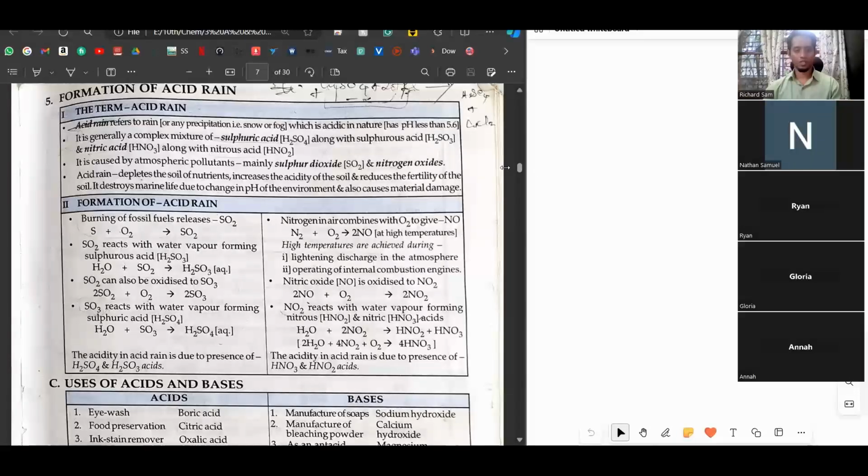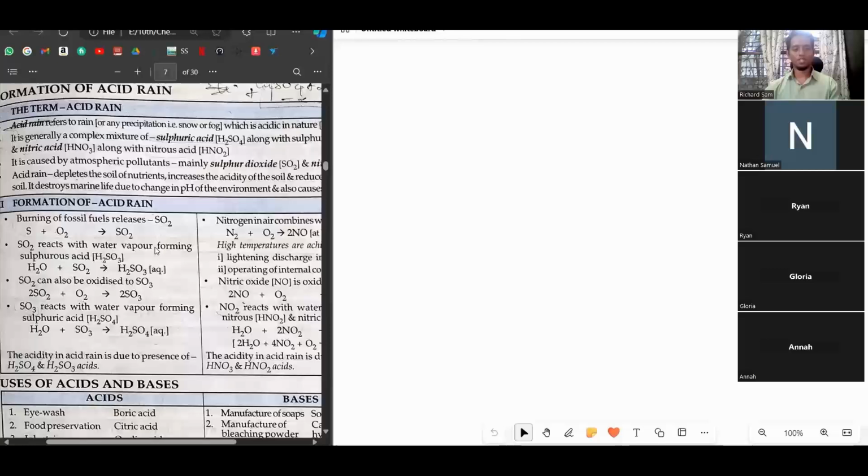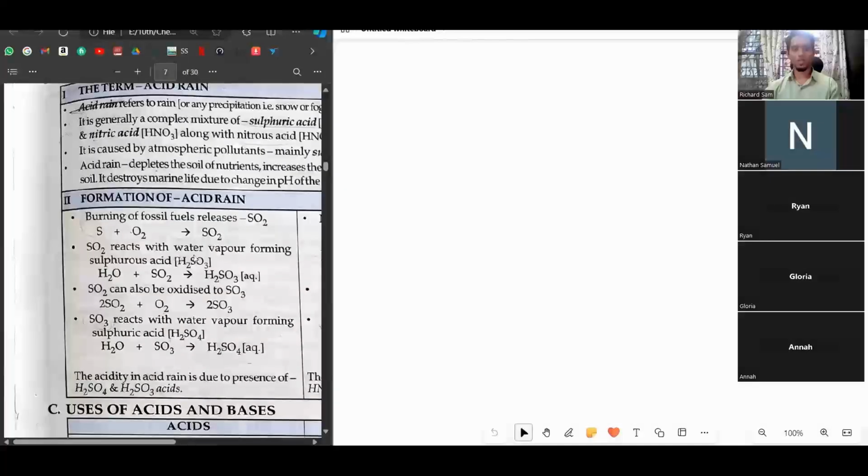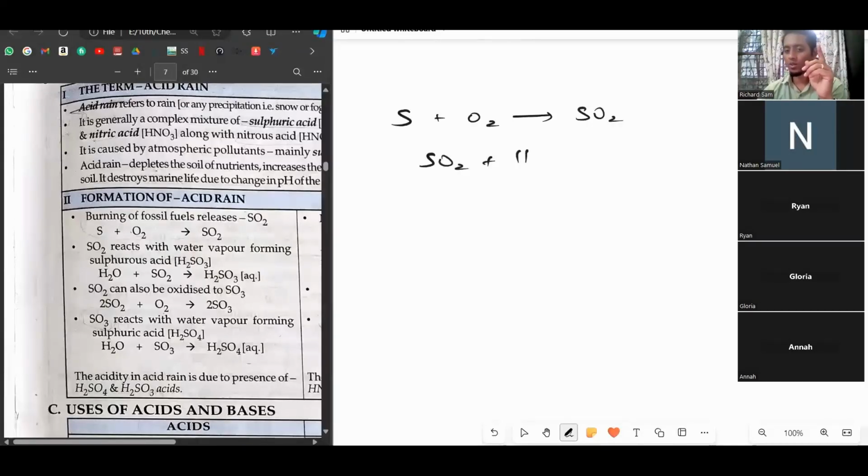First is acids by sulfur. Okay. So first you see that sulfur is released from fossil fuels, petrol, diesel. When you burn any of these things, sulfur is present in that. Okay. This sulfur, when it burns, joins with oxygen to form sulfur dioxide. Now this same sulfur dioxide is in the air, right? It can join with water to form H2SO3.